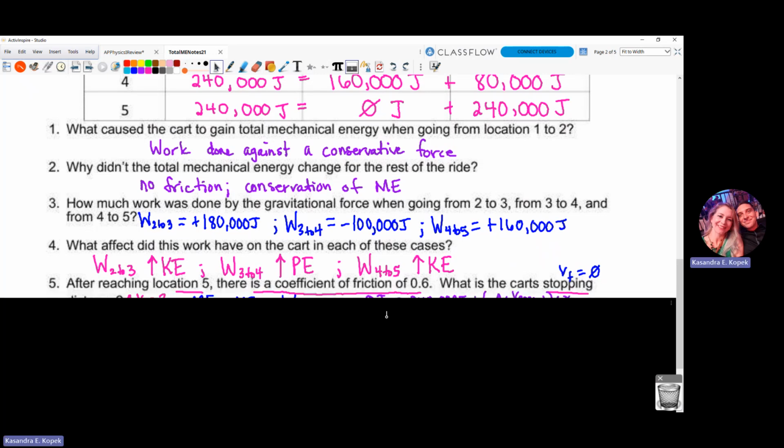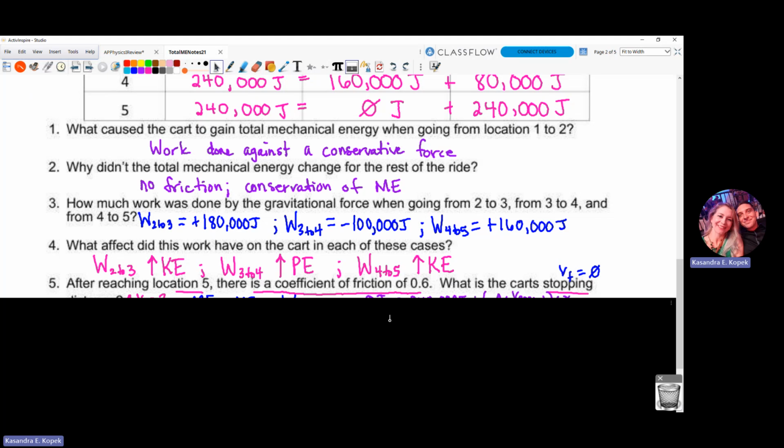The last part is a little bit more work, pun intended. Once we get to the bottom of the roller coaster, the height level is 0, and we know we're not stopped yet. That's our maximum speed. We don't want to crash at the end of the roller coaster, so we're going to have to use friction to get the cart to stop.